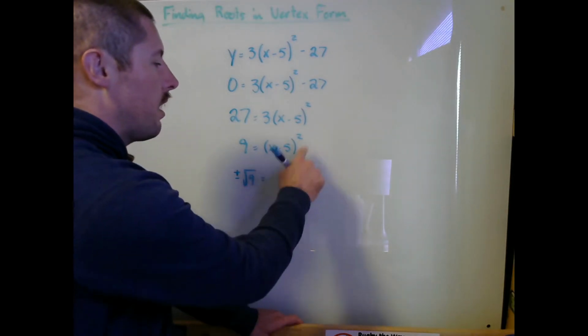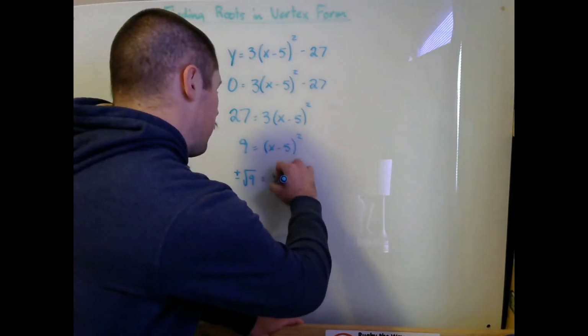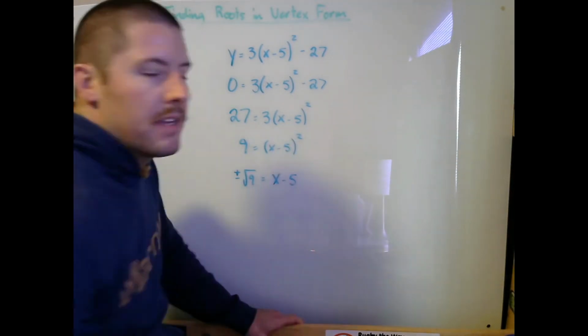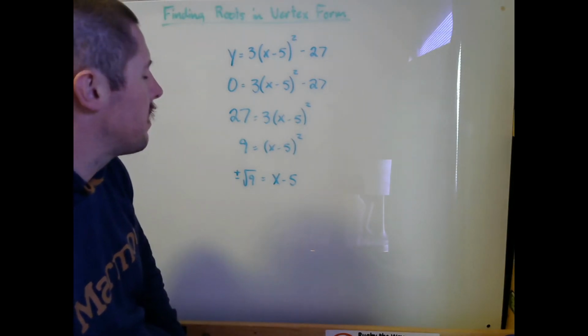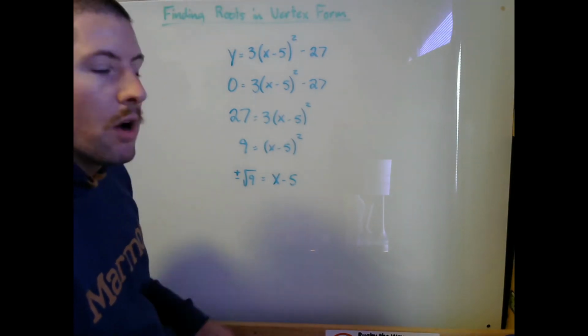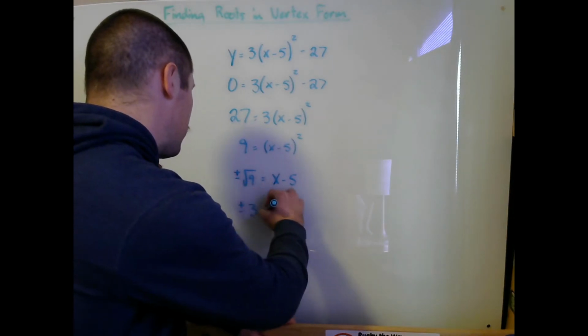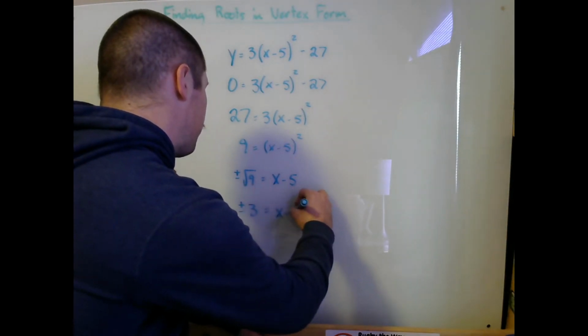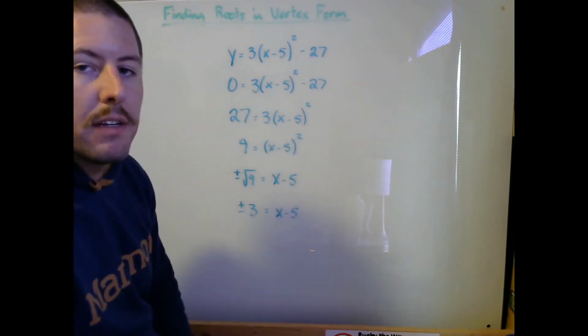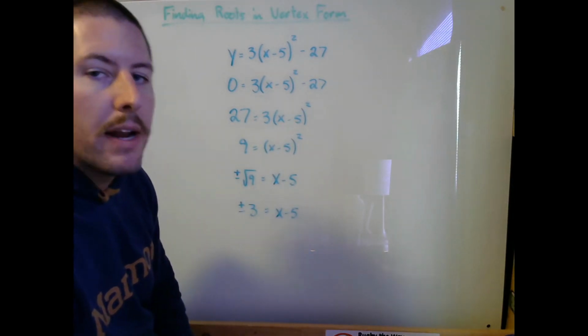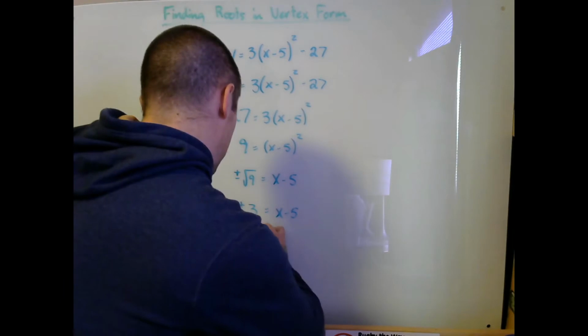And the square root of a squared term should simply be the term on the inside here. Square rooting and squaring are inverses, they've canceled away. I know that the square root of 9 is 3 in this case, so I can rewrite this as plus or minus 3 equals x minus 5. And finally, to wrap up solving for x, I'm going to go ahead and add 5 to both sides.